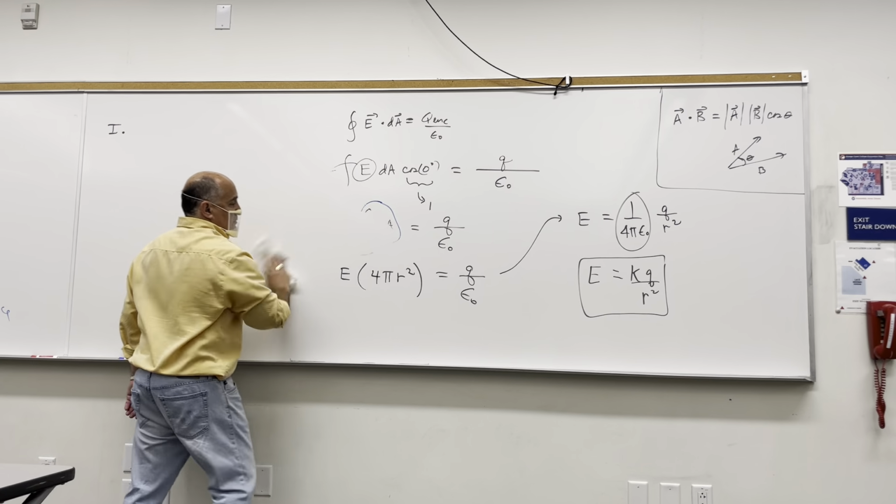So let's call this number 3. I think this was supposed to be number 2 because we did the point charge first. So then I'll call this number 3.